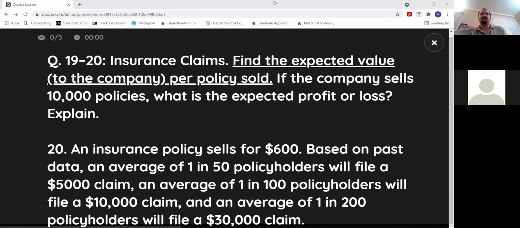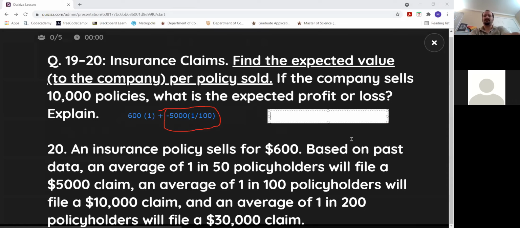I don't know if this might save y'all, but it might. We're doing the 600, and that's a probability of 1. If you have something like minus 5,000, and we're multiplying it by 1 over 100, I don't know if it helps you put it in the calculator, but we have a minus 5,000 and we're dividing it by 100.